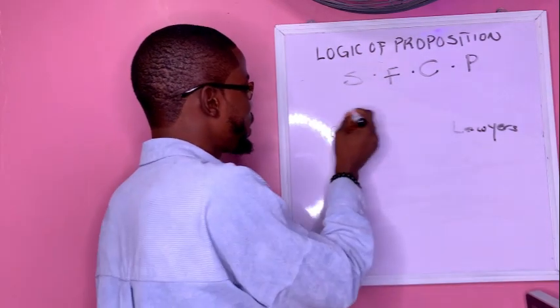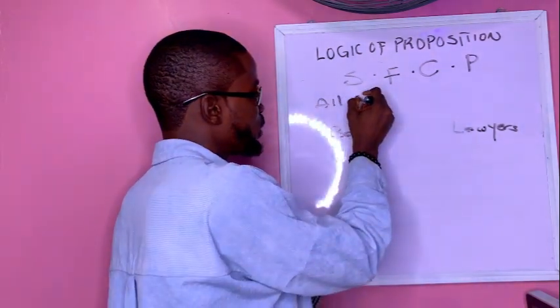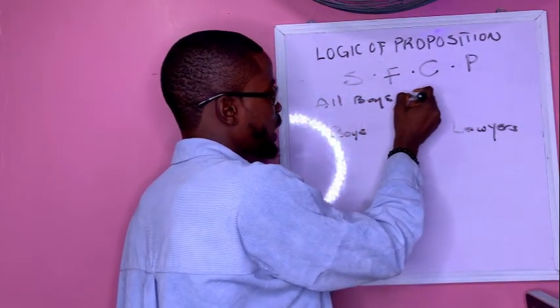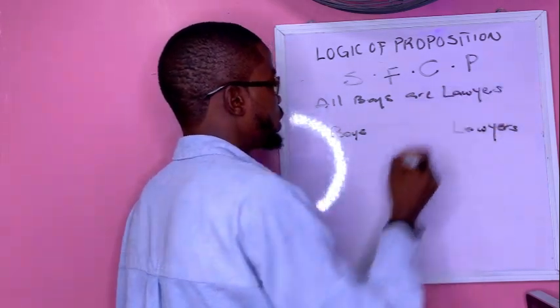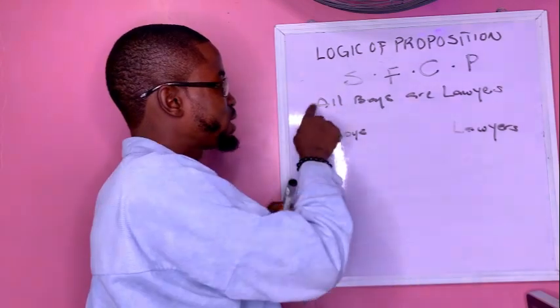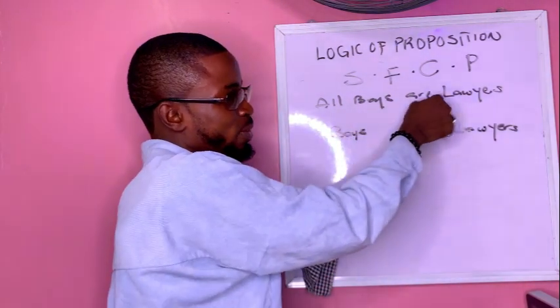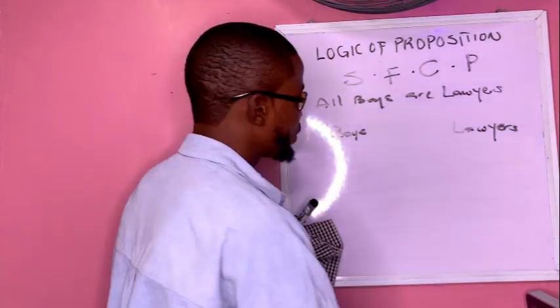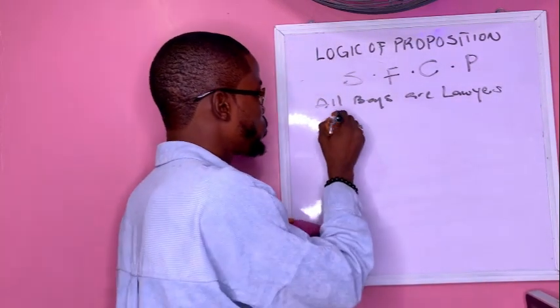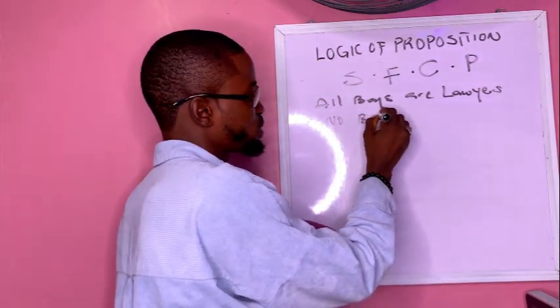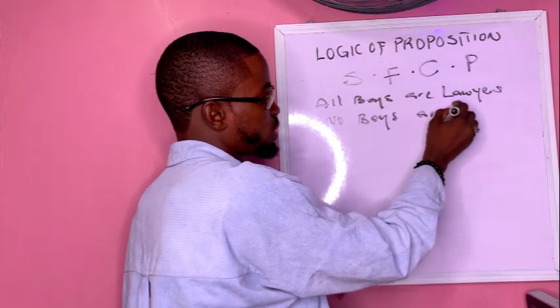So we can talk of them as all boys are lawyers. In other words, all boys are lawyers. We are trying to say that all these people are part of these people. Then another relationship that we can assert between them is that no boys are lawyers.